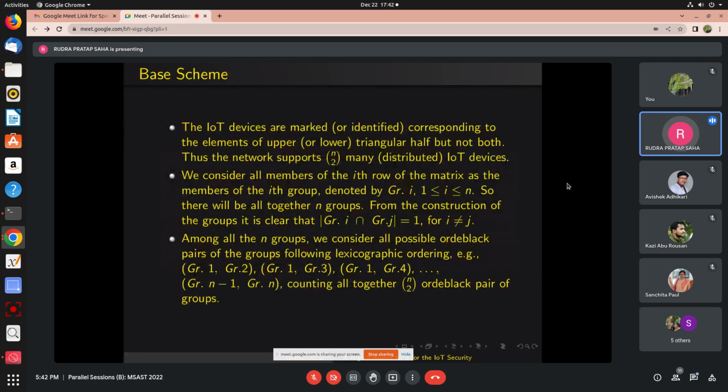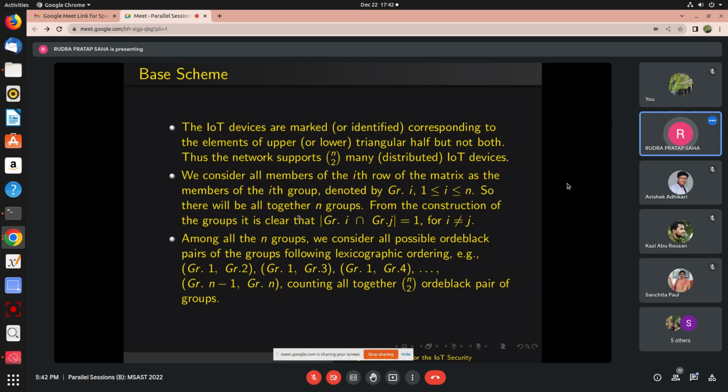So now we introduce a scheme called the base scheme. In the base scheme we construct a symmetric matrix. We consider a symmetric matrix with NC2 many IoT devices and NC2 many entries, and we consider all members of the ith row of the matrix as the members of the ith group, denoted by group i.